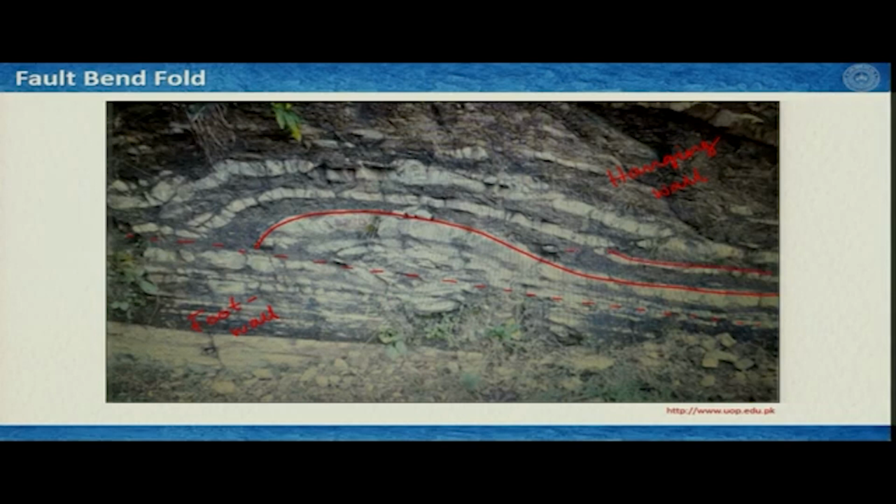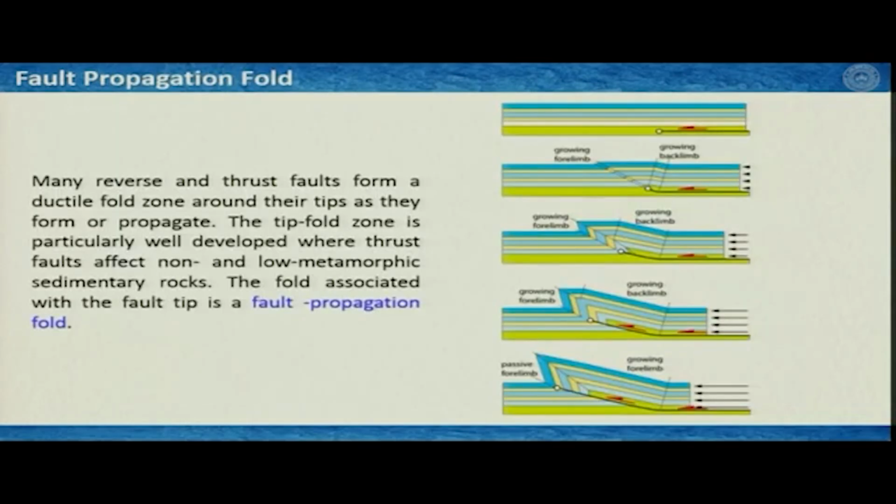You also have some back thrusts here, and it is going like this. And this is a classic example of a fault bend fold. And you can have another thing which is fault propagation fold.